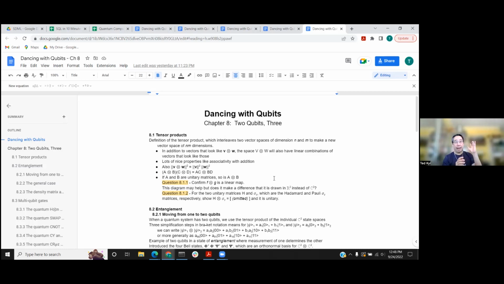So if we have a qubit with state psi1, and another qubit with state psi2, if we shove those into a system together, then the new state is going to be 4-dimensional, and its value is going to be psi1 tensor product psi2. We're always just going to do the tensor product of our individual vectors, our individual kets.